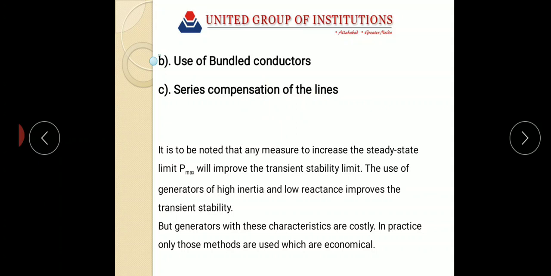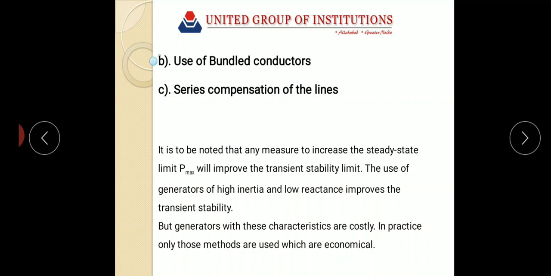As you all know, the inductive reactance of a line can be reduced by connecting static capacitors in series with the lines. So these three points basically reduce the transfer reactance, and the relationship Pmax equal to EV by X says that the steady state power limit Pmax is inversely proportional to the transfer reactance.